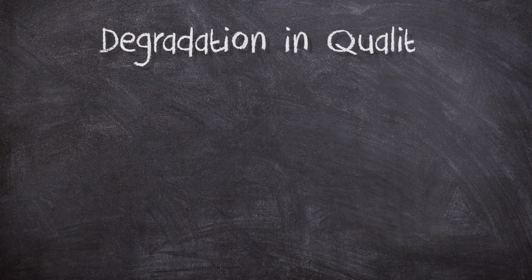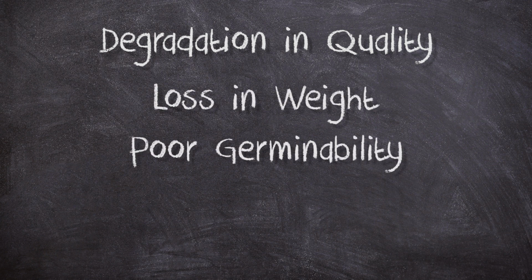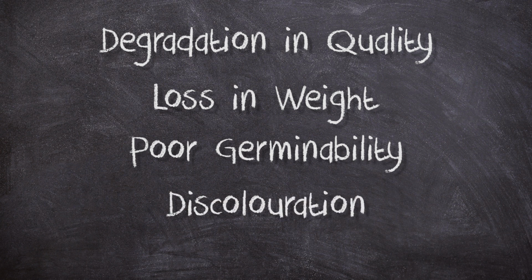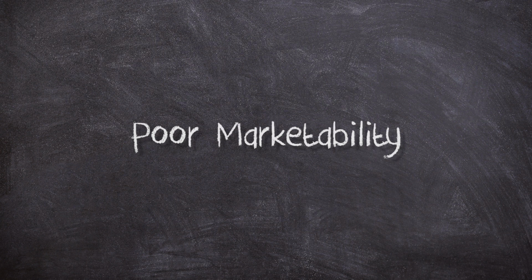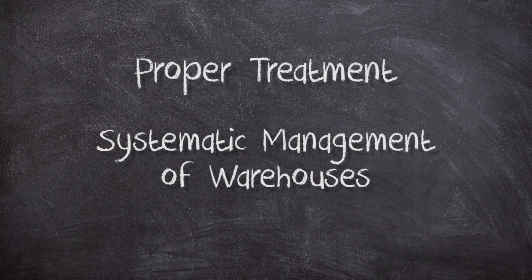These factors cause degradation in quality, loss in weight, poor germinability, discoloration of product, all leading to poor marketability. These factors can be controlled by proper treatment and by systematic management of warehouses.